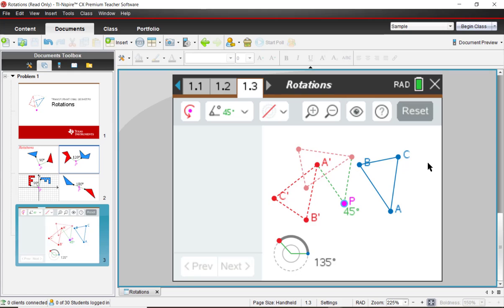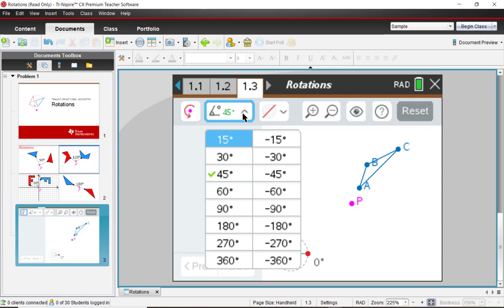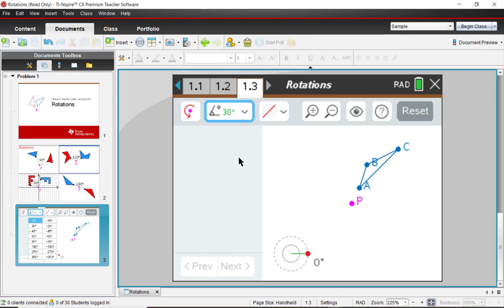Let's try other angles of rotation before we finish our conjectures. I'm going to go ahead and click on Reset. And here's the angle drop-down measure. So let's go ahead and click on, let's say, 30 degrees. And let's rotate that triangle about point P 30 degrees.